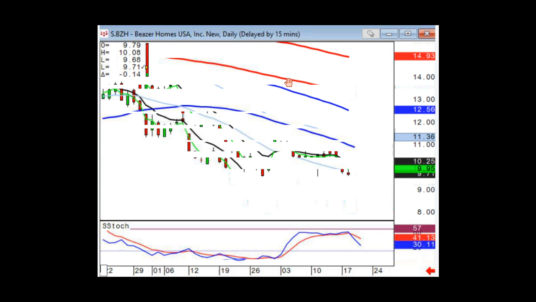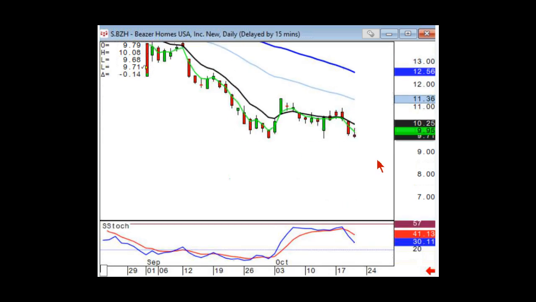Oh, there's Beazer Home. Kind of the same scenario. Now I take a look and say, which ones have the biggest percentage price move potential? Well, if this one has a 25% downside potential and Toll Brothers has a 15% downside, yeah, probably going to go with the one that has the strongest potential.